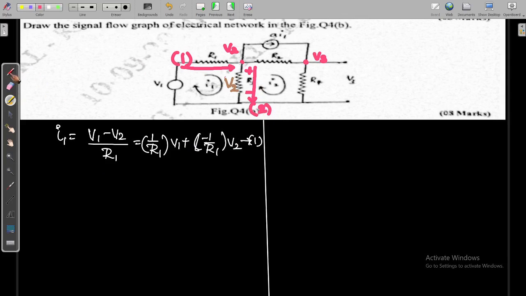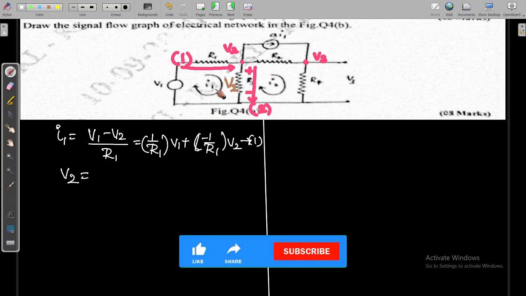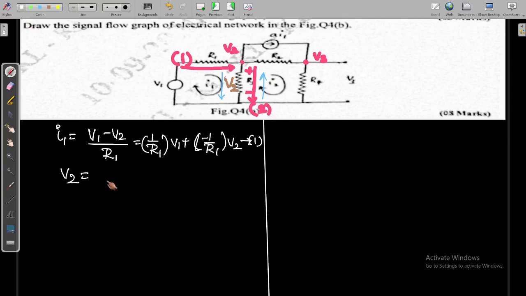V2 is equal to, if you observe, I1 current is coming like this and I2 is going like this, so we can write I1 minus I2 into R3. This second equation can be written as R3 into I1 plus minus R3 into I2.